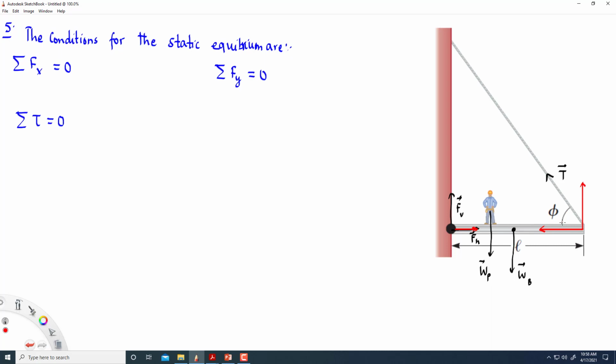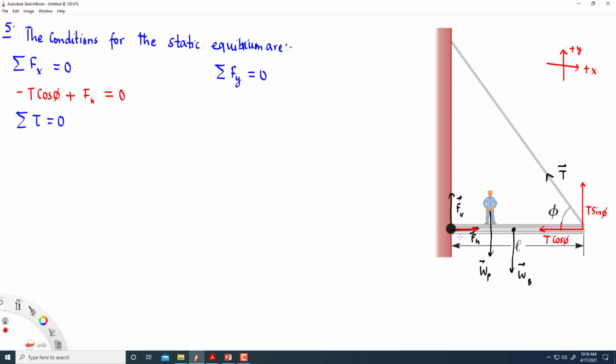So this is phi, so that means this would be T cosine phi, and this component would be T sine phi. And if we consider this right side to be positive x and up to be positive y, then this would be negative T cosine phi. Okay, so that's the x component of the tension, and we have this force along the x direction, which is positive. It's pointing to the right, so that is equal to 0.